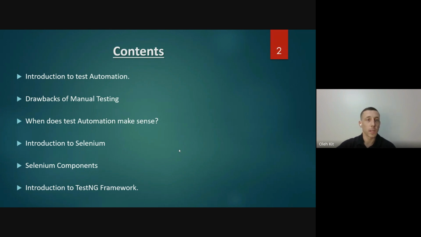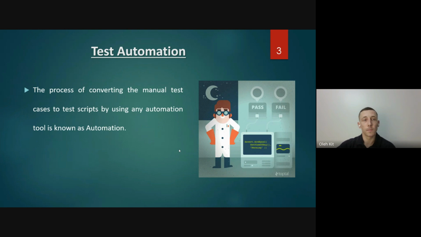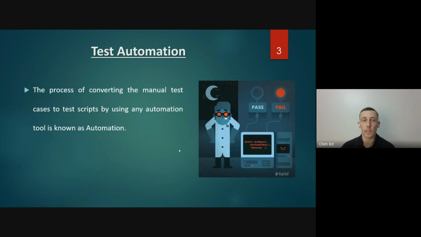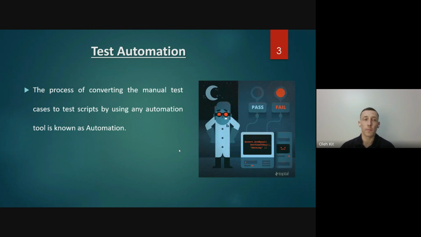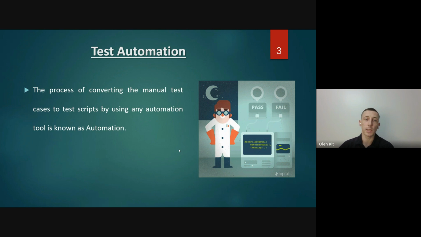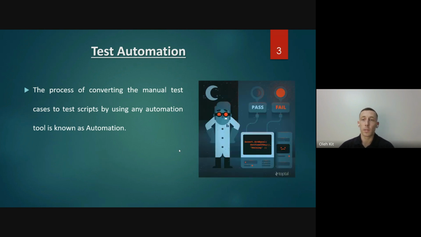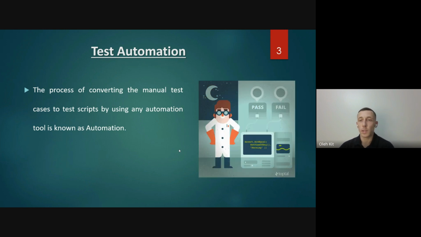So let's start from the beginning. What is test automation? That is any process when we get some manual test cases and write some scripts by using any automation tool, which is known as automation.